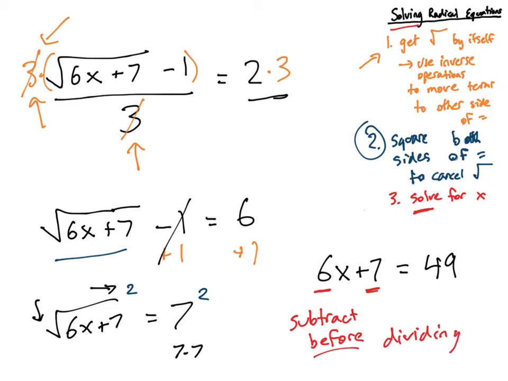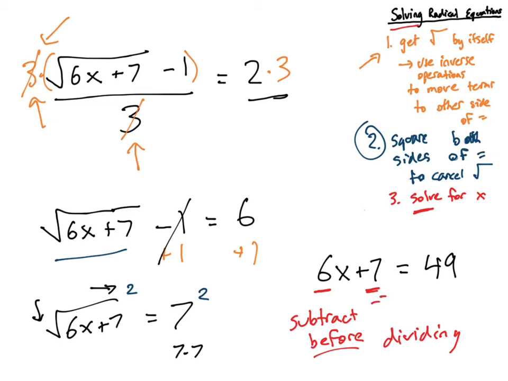And the reason for that is, if I want to divide by 6 to get that 6 to cancel out, but we still have this 7 on that side of our equation, I would also need to divide 7 by 6, which would give us the fraction 7 over 6. And we could continue solving the problem using fractions, but if possible, it's going to be a little easier for us if we avoid creating fractions when we don't need to. So let's do the subtraction before we divide.